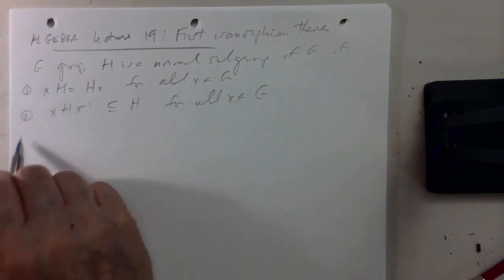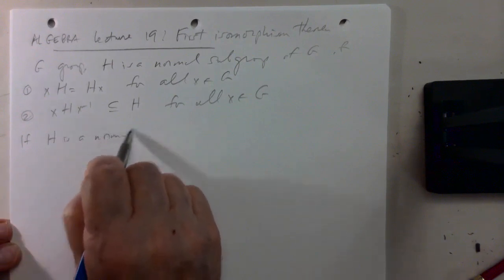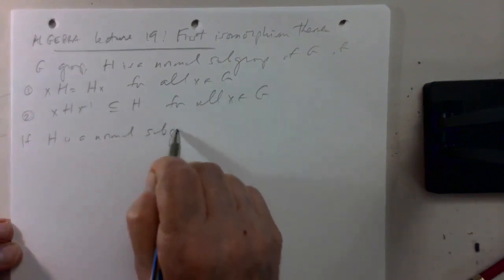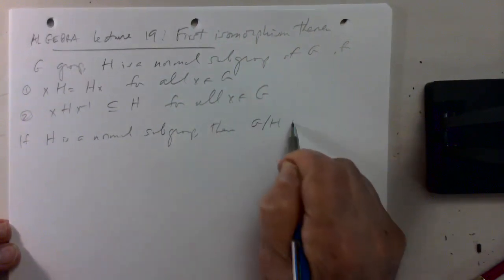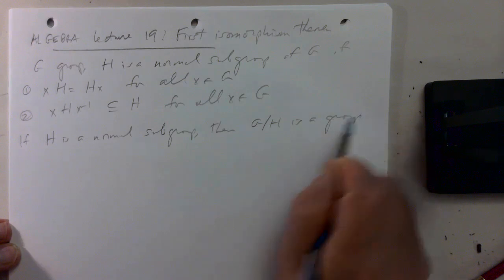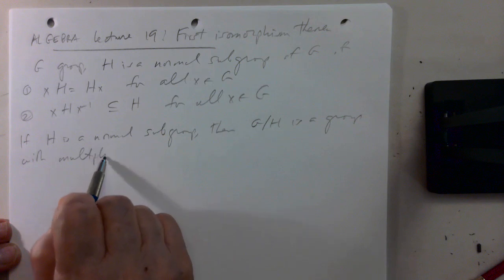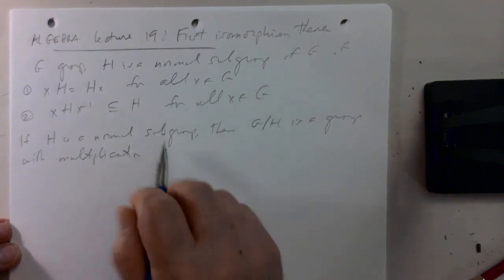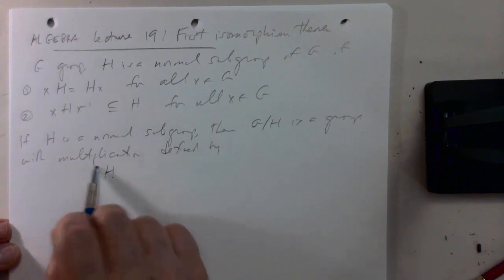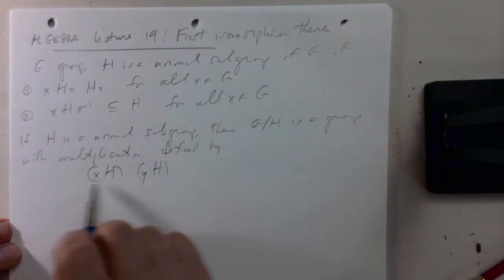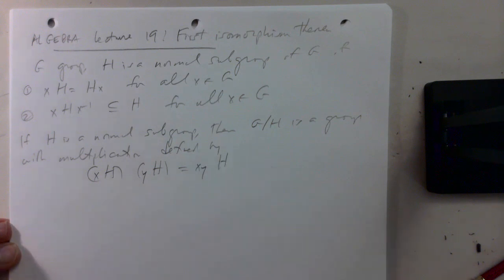And if H is a normal subgroup, then the set of left cosets G mod H is also a group with the multiplication defined by xH times yH, the product of those two cosets, is the coset xyH.